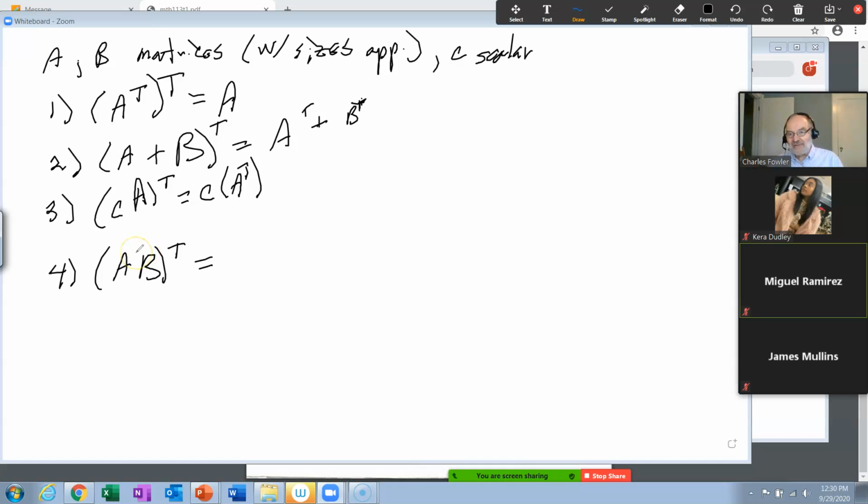Well, this says that that's the same as B transpose times A transpose. And that's the transpose of a product.